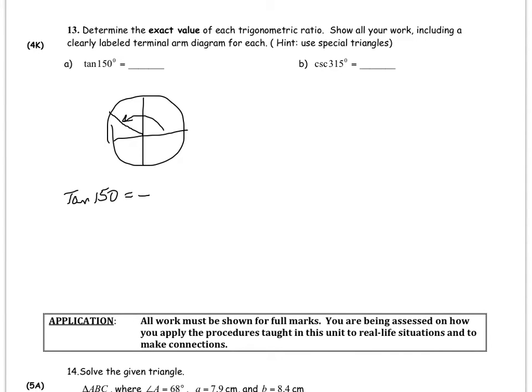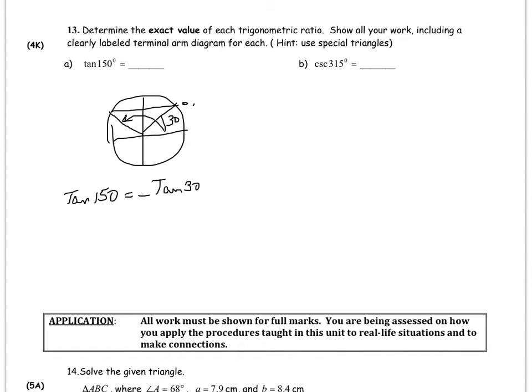If you subtract 150 from 180, the corresponding angle is going to be 30 degrees. So it's going to be negative tan 30.